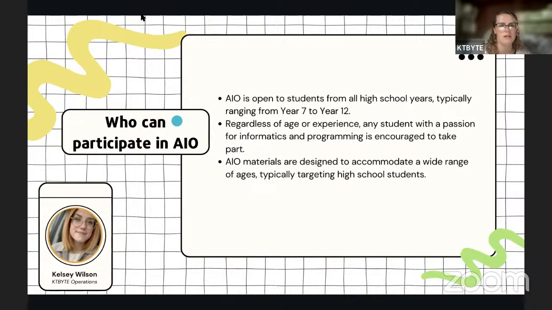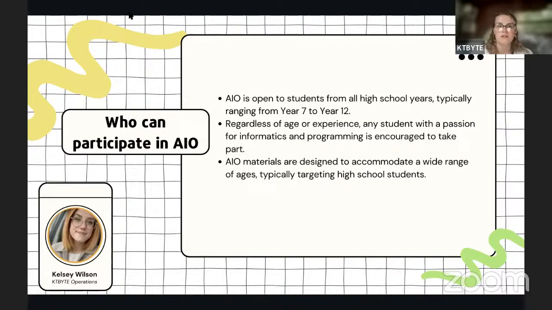So moving on, we can discuss who can even participate. A lot of different competitions will have levels or ranges, whether it's an age range, a grade range, or a skill level range. AIO is generally open for students in year 7 to 12.